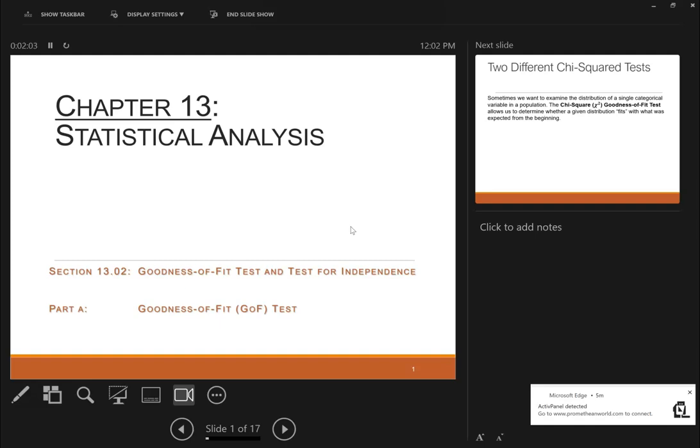The hardest part about this chapter will typically be deciding which test you're supposed to use for the situation. So I'd rather just get through the 3 types of tests and then settle in for a day where we can talk about which one you should use. How would I know? Everybody good?